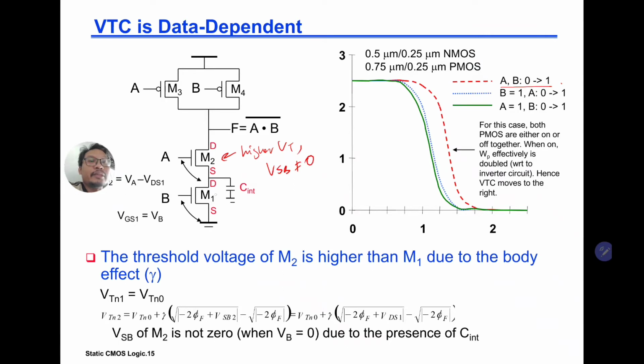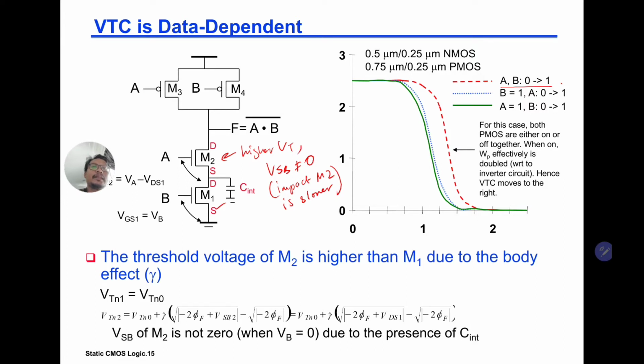Okay, so here is normal. So for M1 is okay. You have the VT0, but for M2 the threshold voltage is a little bit higher, and therefore what is the impact when the threshold voltage is higher? Then this M2 will be slower. So you can say impact, M2 is slower.